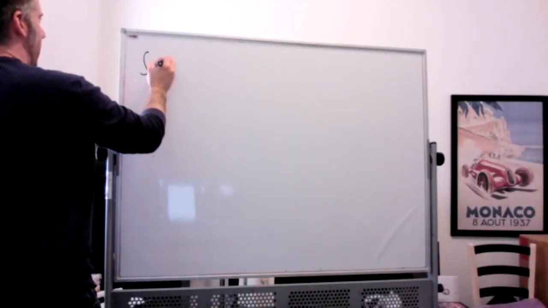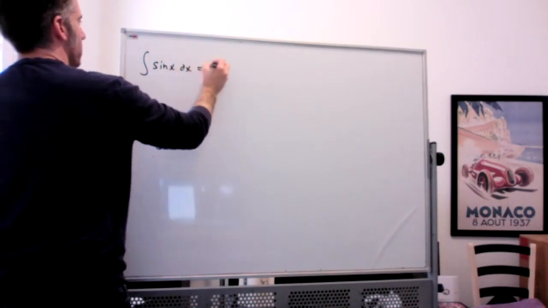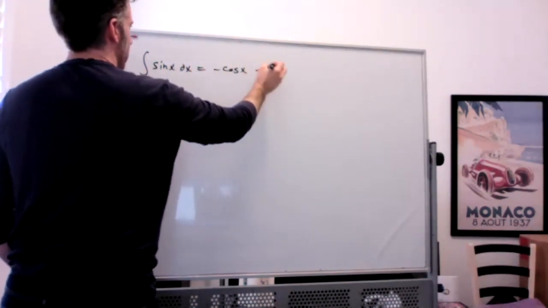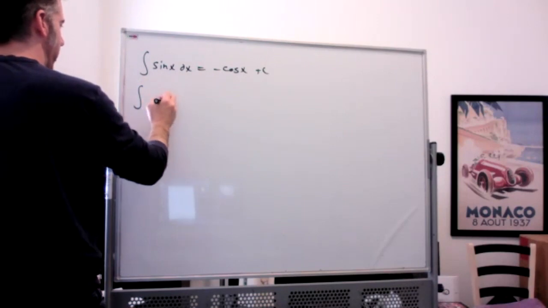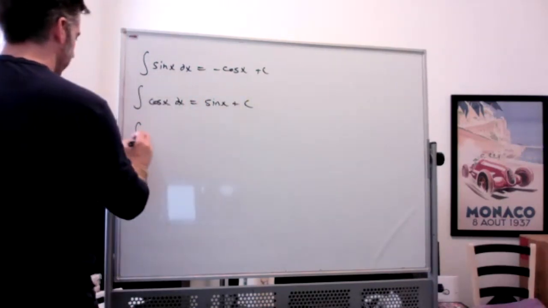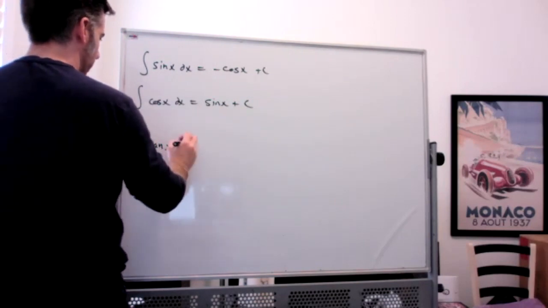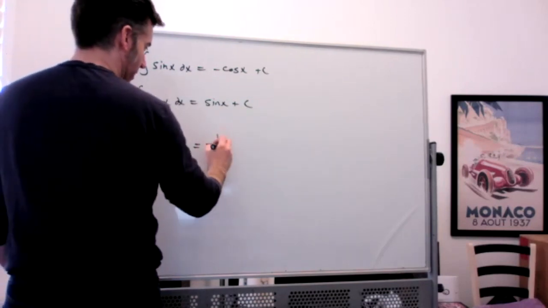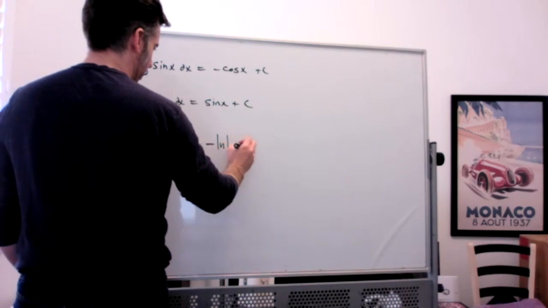The integral of sine of x is negative cosine of x plus c. The integral of cosine of x dx is sine of x plus c. The integral of tangent of x dx, we just found out, was negative natural log of the absolute value of cosine of x.